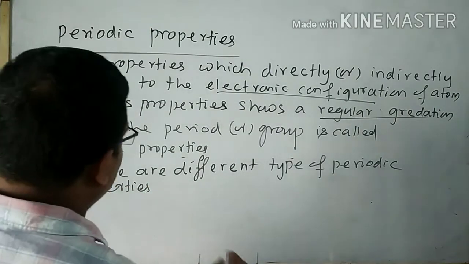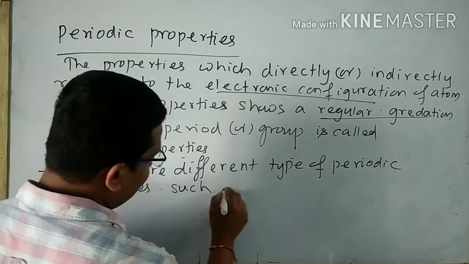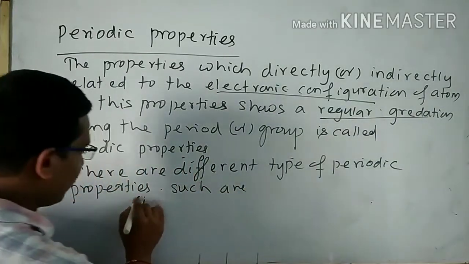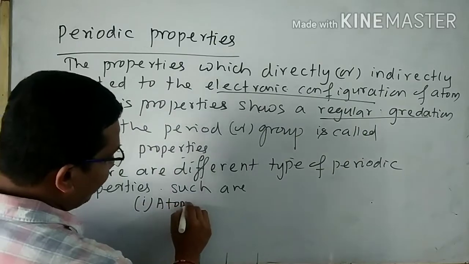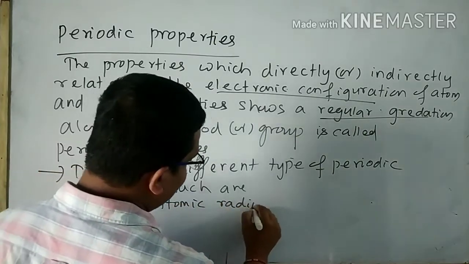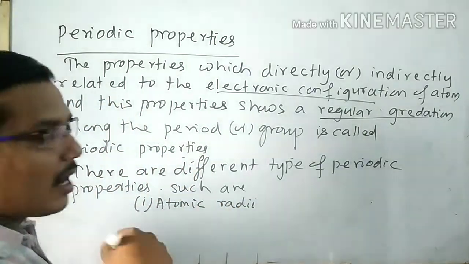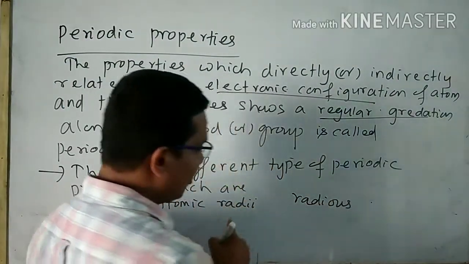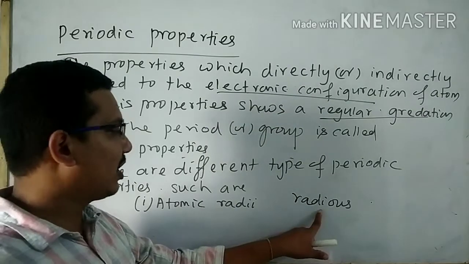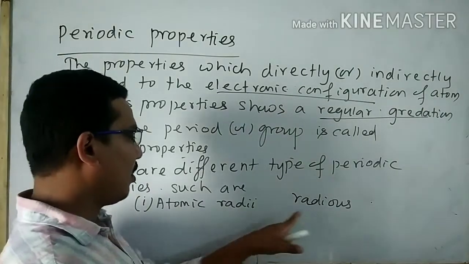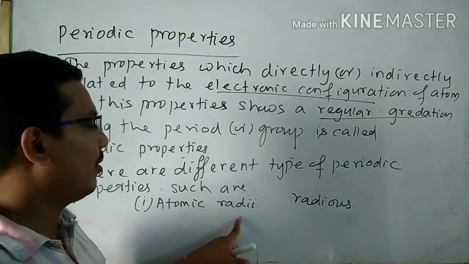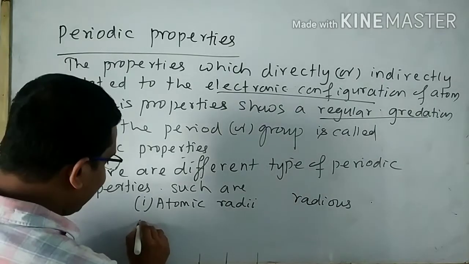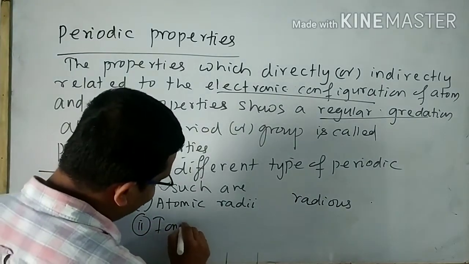There are different types of periodic properties such as number one, your atomic radii, the plural form of radius. This is your singular, and the plural form of radius is your radii. Second is your ionic radii.